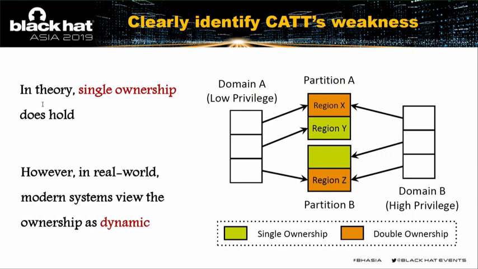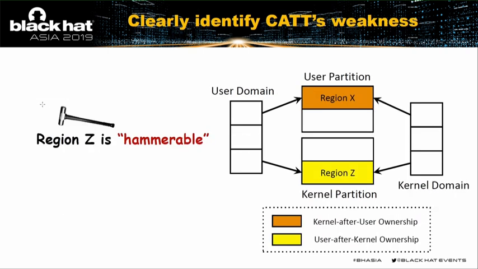An adversary usually resides in the user domain, and she must get access to a high-privilege memory region so as to perform a meaningful Rowhammer. So region Z is what we are interested in identifying. For the user and the kernel domain, we term such a region Z as hammerable.